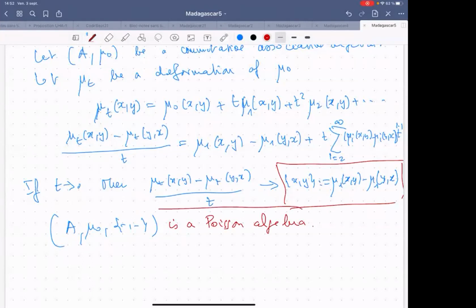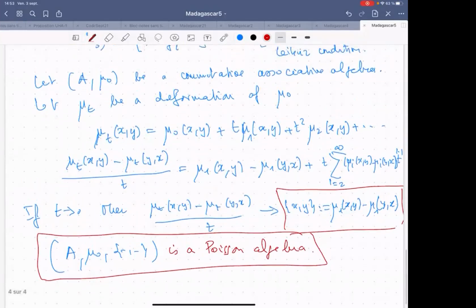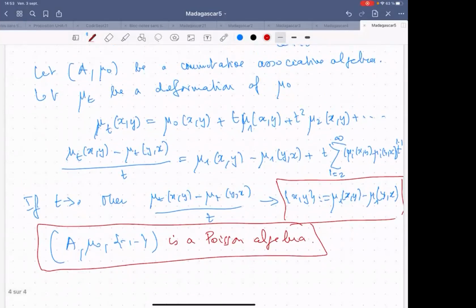Then here we have the main result. If you have a one parameter formal deformation, then the first term of your deformation, defined using its commutator, gives a Poisson algebra with respect to the original commutative associative algebra you are deforming.